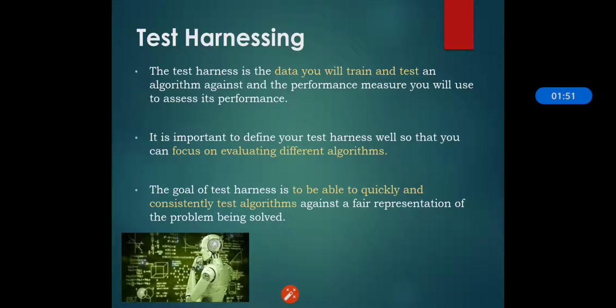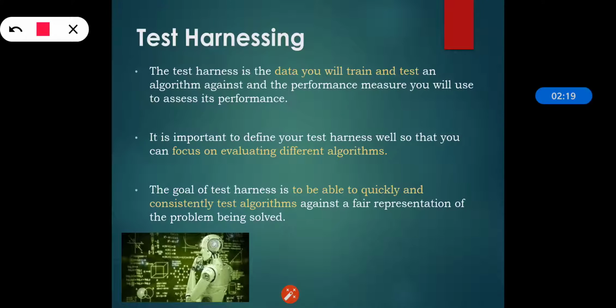The first one is the test harness. The test harness is the data you will train and test an algorithm against, and the performance measure you will use to assess its performance. Actually, the test harness is mainly used for having consistent data for training and testing. It is important to define your test harness well so that you can focus on evaluating different algorithms.